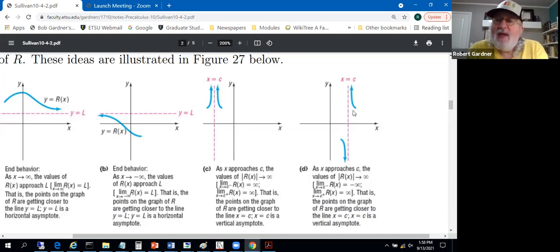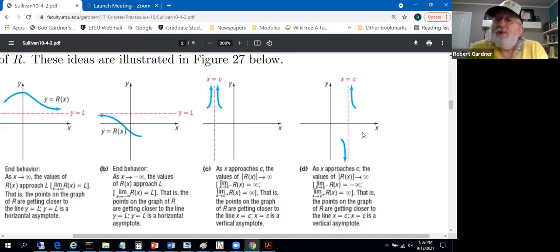We can also have behavior like this. Remember, it was defined in terms of the absolute value of r of x approaching infinity. Well, it could be the function goes to negative infinity from one side and positive infinity from the other. And we could have some behavior like this.